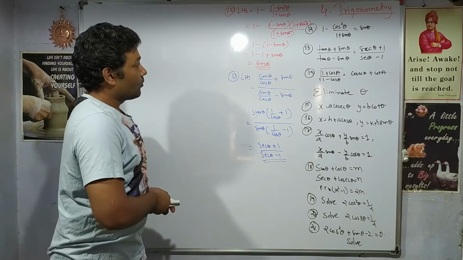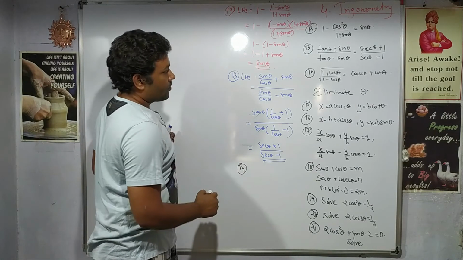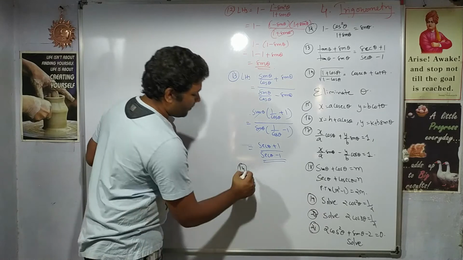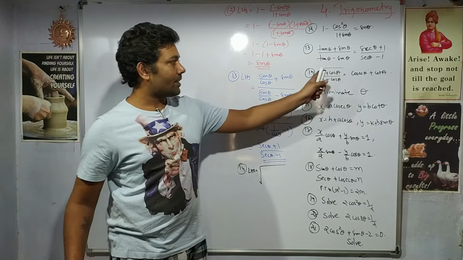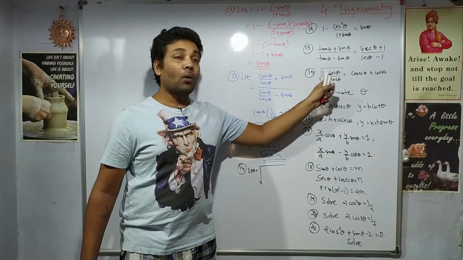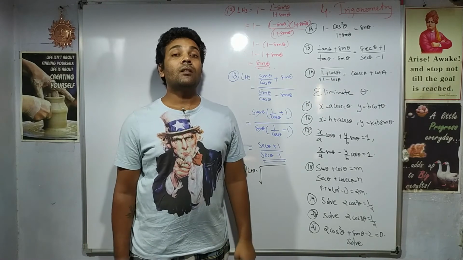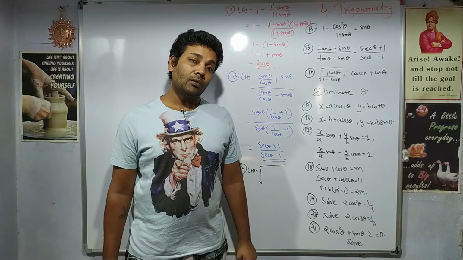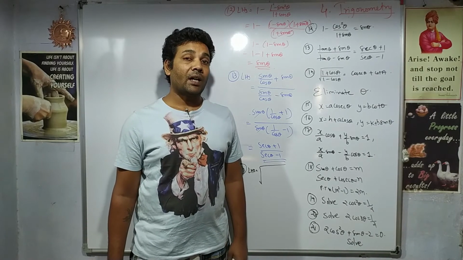Let us move on to the 14th sum, right? So 14th question, we take the left hand side. When you see such formats like a plus b upon a minus b, multiplying with the conjugate is one of the options available to solve the question. What do you mean by multiplying and dividing by the conjugate?